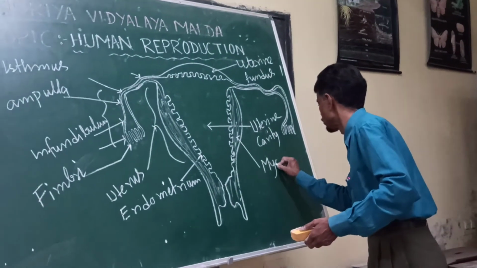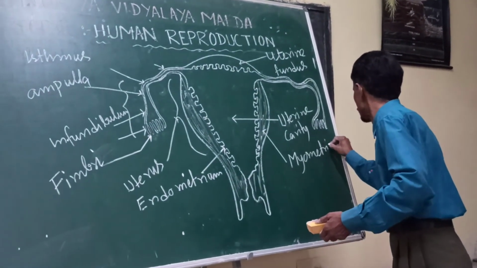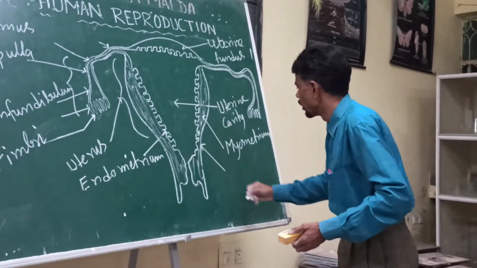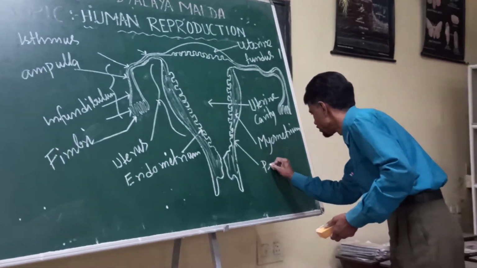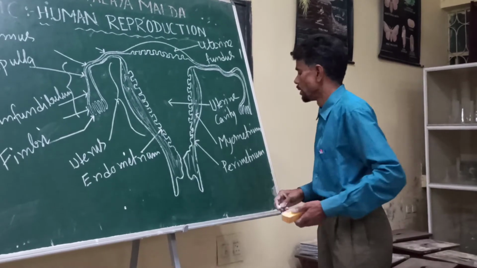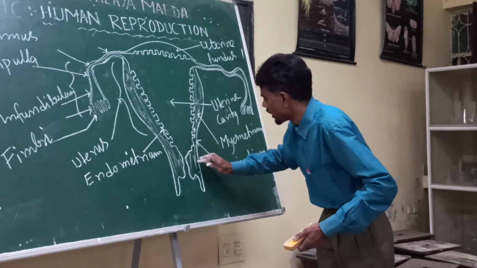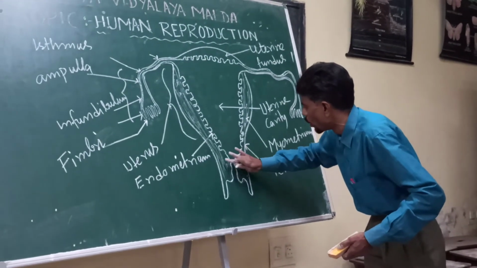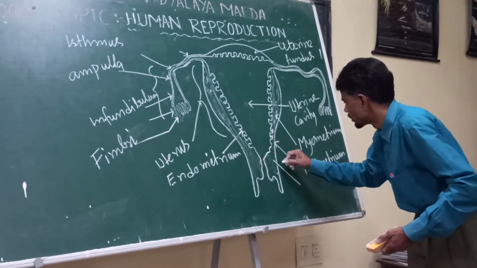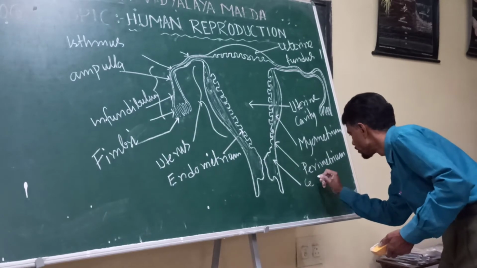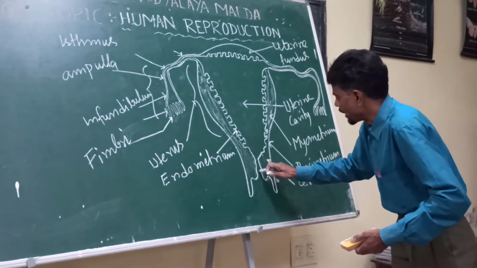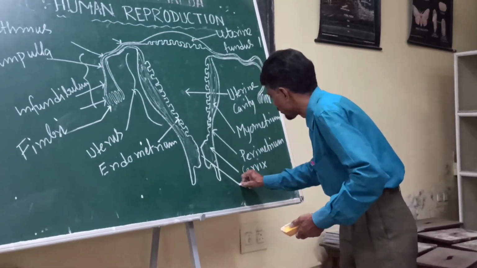Myometrium. And the outer thin layer called perimetrium. Then it enters to another part called cervix, which is having a narrow canal called cervical canal.